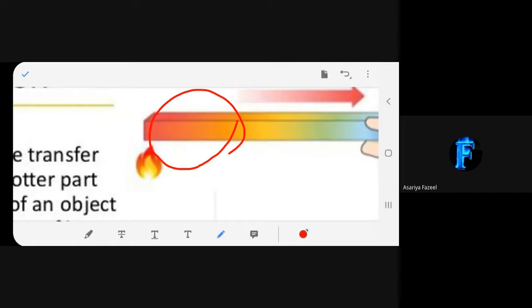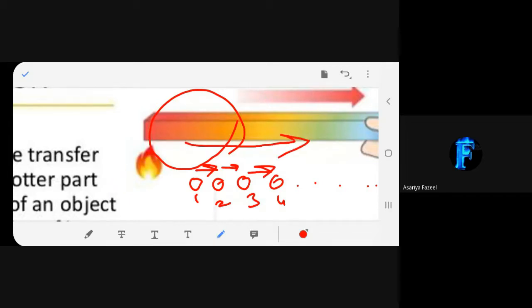This is how one, two, three, four, and so on. So that is how the transfer of heat from one particle to another particle takes place, and this is how it shows the movement of the heat. Is it understandable to all of you?